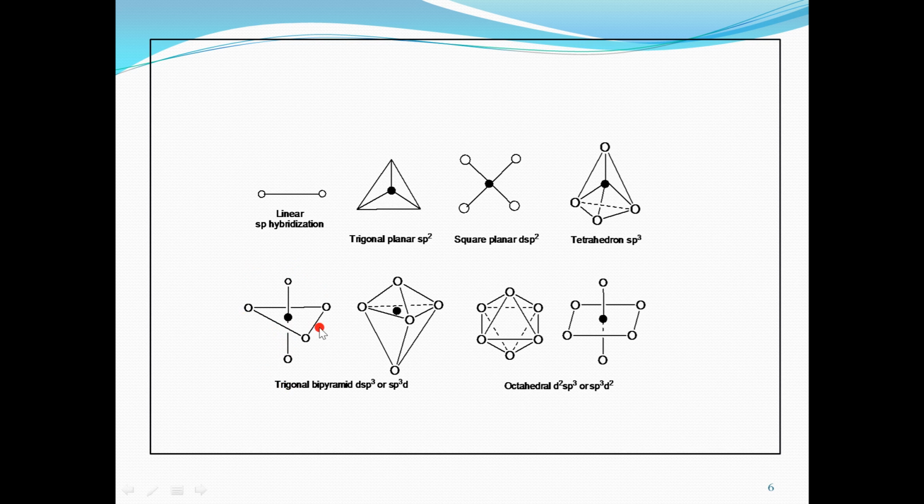Hence the structure is trigonal bipyramid and undergoes dsp3 or sp3d hybridization. So such a type of structure exists. And lastly, the octahedral structure: the metal atom is at the center and six corners are occupied by the ligands, and it undergoes d2sp3 or sp3d2 type of hybridization.